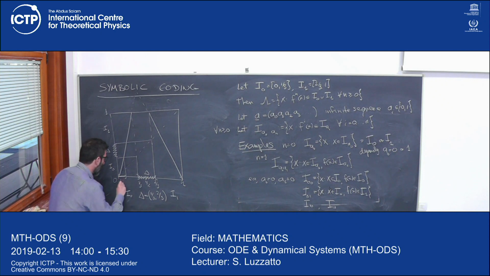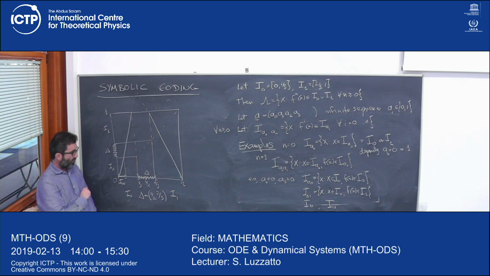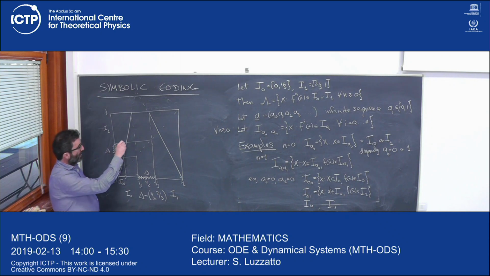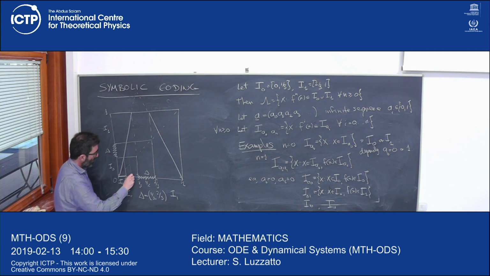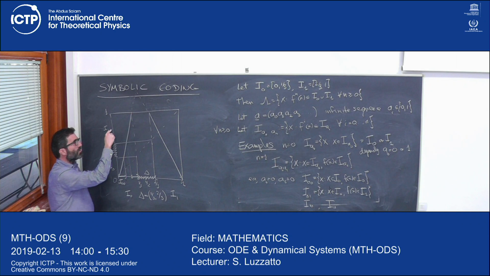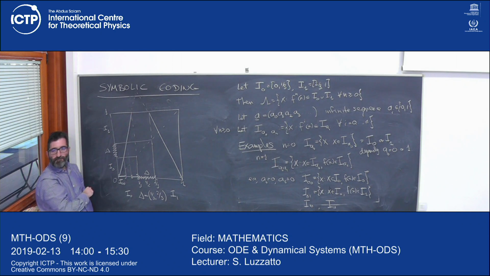So this is exactly I00. And where is I01? It's this here. These are the points that belong to I0 and their image is exactly I1.